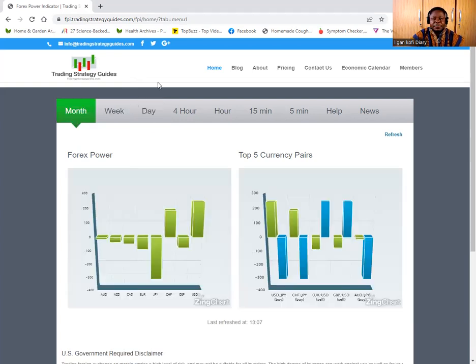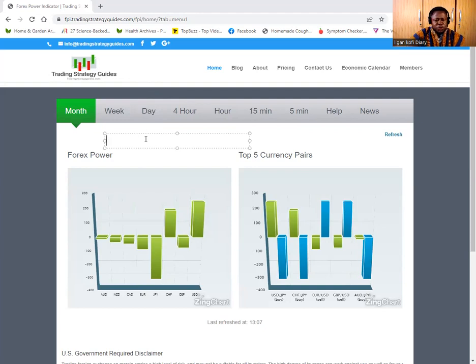Which one first? Is it the stronger one or the weaker one first? Tell me. Okay, let's take the stronger ones first today.